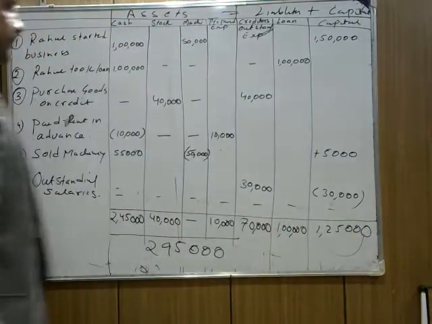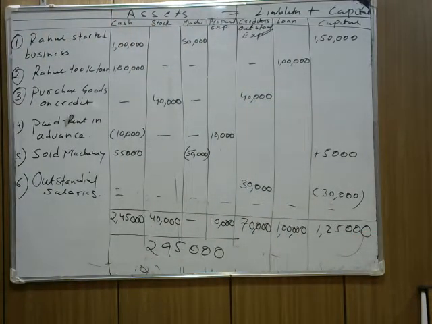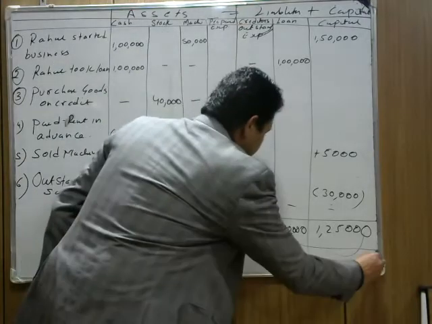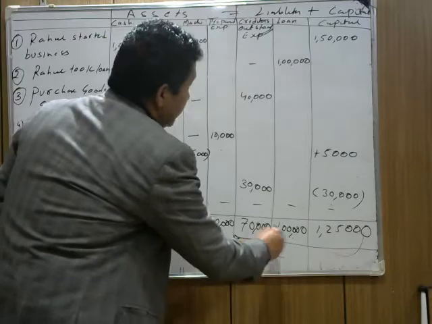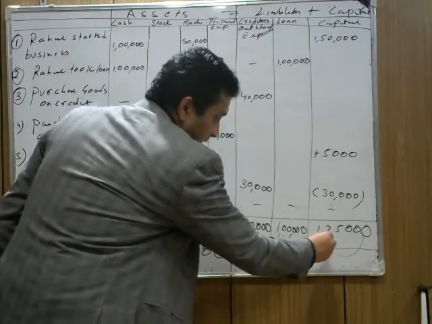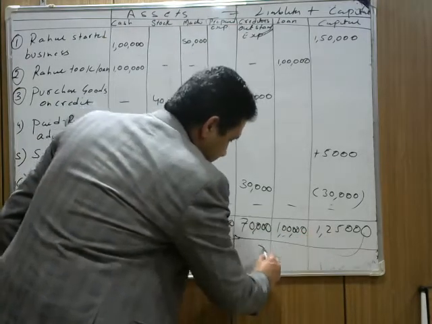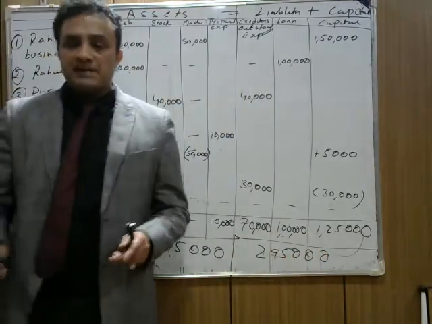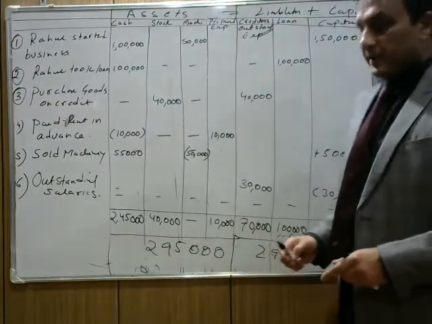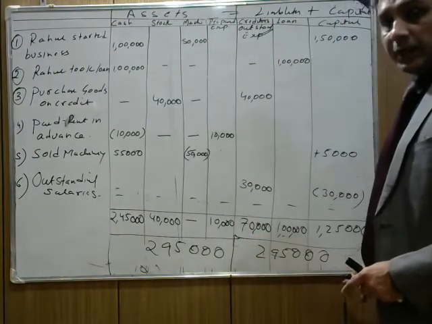Now check. Your assets are 2,95,000, your liability is 70,000 plus loan, that is 1,70,000. 1,70,000 plus 1,25,000 is coming 2,95,000. So here the accounting equation matches. I hope it's clear.